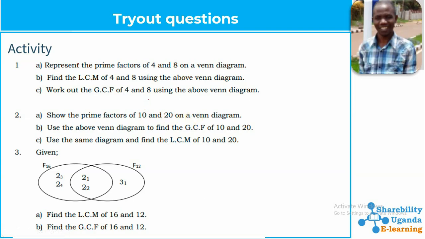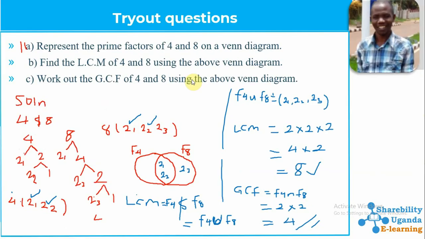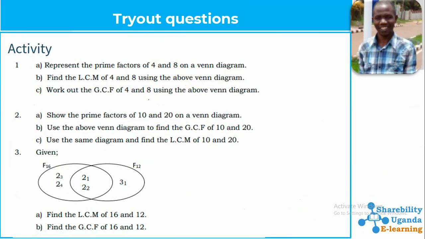When you look at question 1, we said represent the prime factors of 4 and 8 on a Venn diagram. Part B says find the lowest common multiple of 4 and 8 on the above diagram.